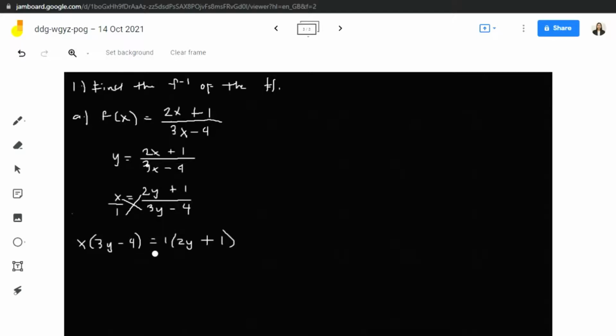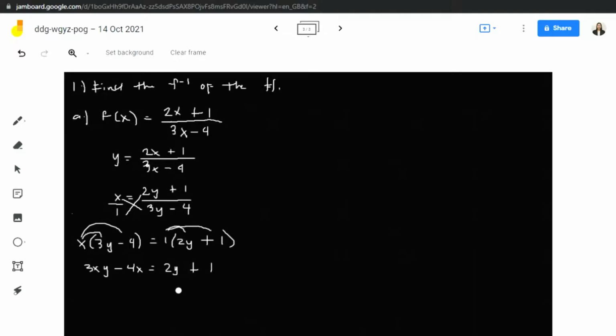Now we'll be distributing all these values. x times 3y is 3xy. x times negative 4 is negative 4x, equals 1 times all the terms inside this quantity gives us the same values, 2y plus 1. This time, we have 3xy minus 4x equals 2y plus 1.